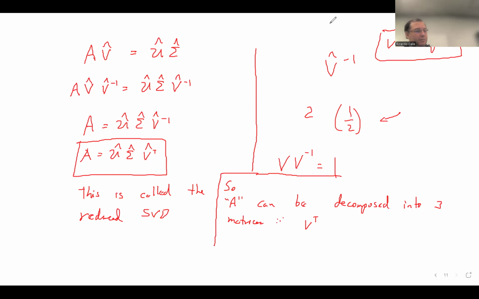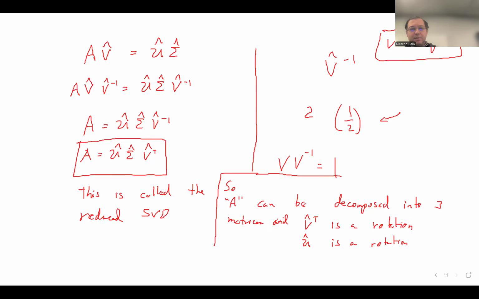So we can say A can be decomposed into three matrices, and V^T is a rotation. U hat is a rotation. You agree, right? They're rotations.